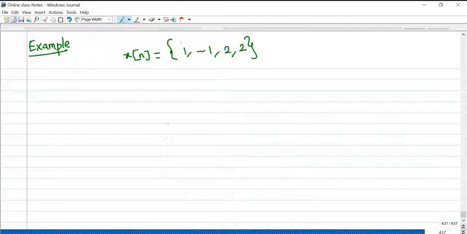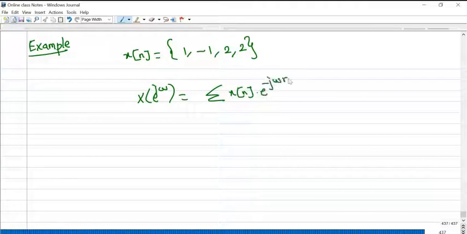Now suppose a sequence is given. X of e power j omega equals the summation of x of n e power minus j omega n, where n varies from minus infinity to infinity, the general formula. X of n equals 1, minus 1, 2, 2.